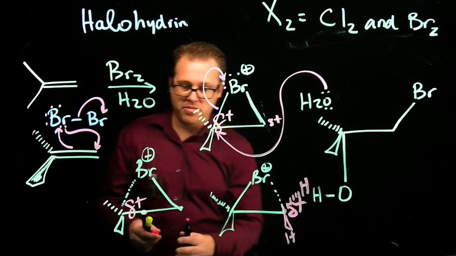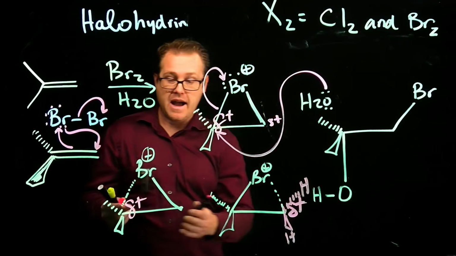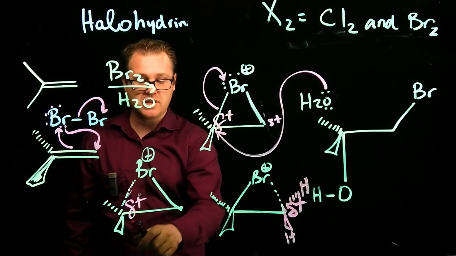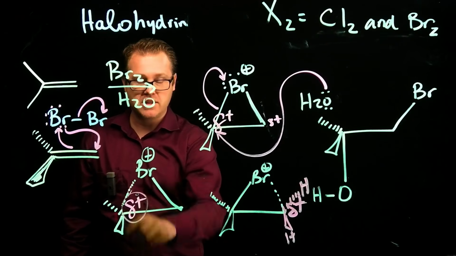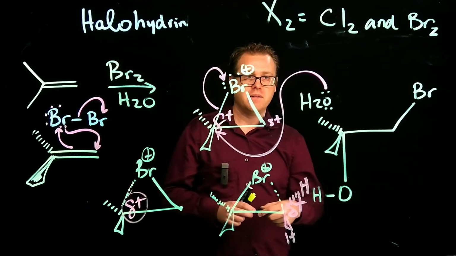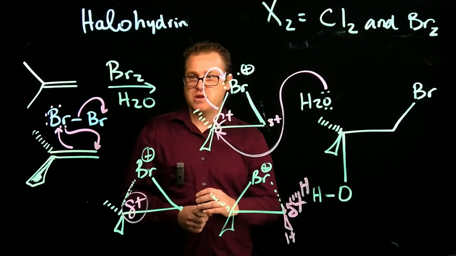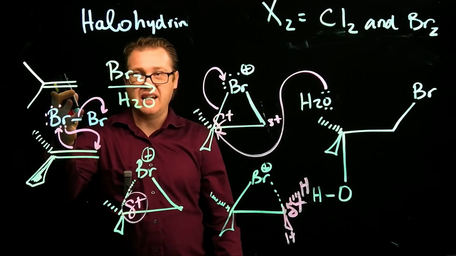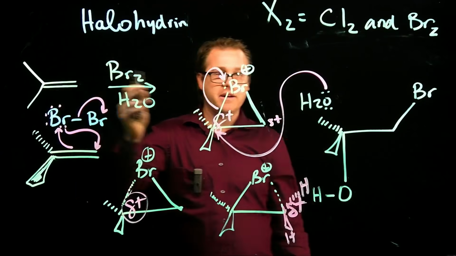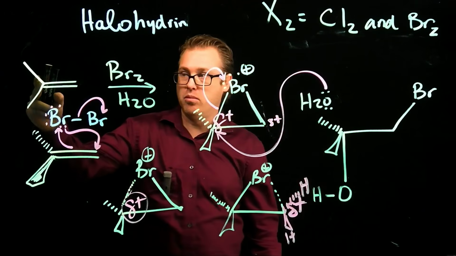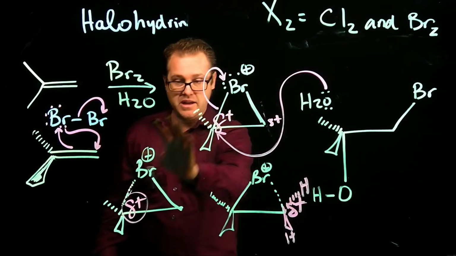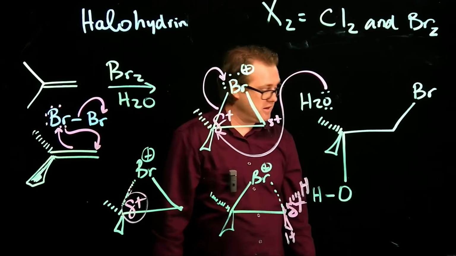So the bond that's going to preferentially break is this one, because it's going to give us a stabilized partial positive. So the moral of the story is when you have an unsymmetrical alkene, the water is going to attack the more substituted carbon because of these reasons that I've just explained.